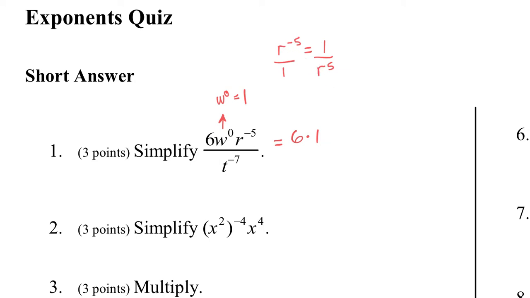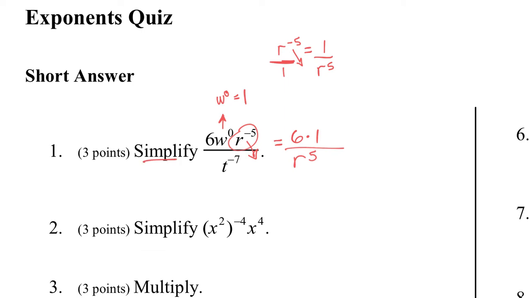My big thing is, as it passes this fraction bar, as it passes down below, the sign on the exponent changes from negative to positive. So I'm going to make the fraction bar, and this is going to go down here, but it's going to be expressed as a positive exponent. And when we're simplifying, we generally have all of our exponents be positive. So that's what we're going for.